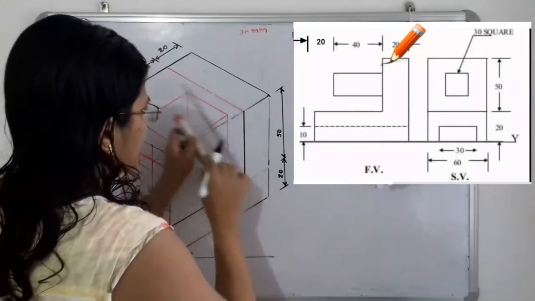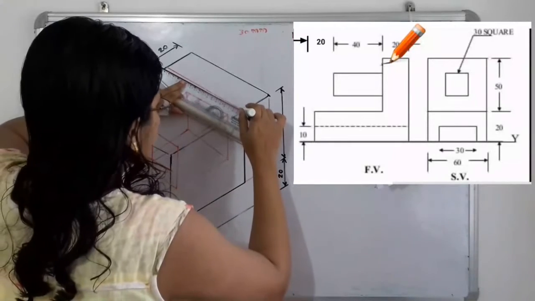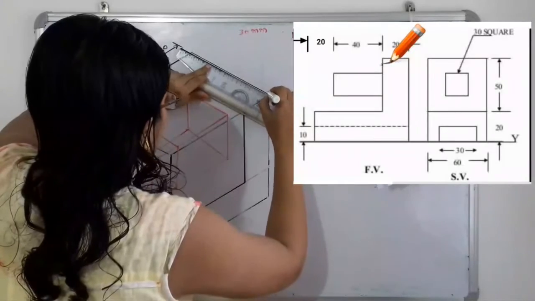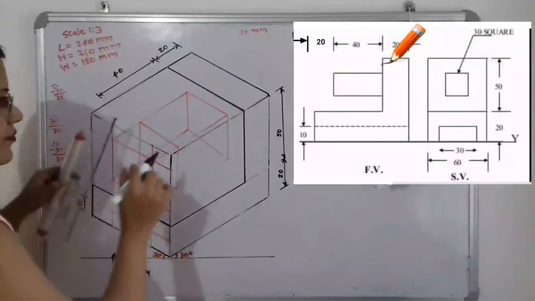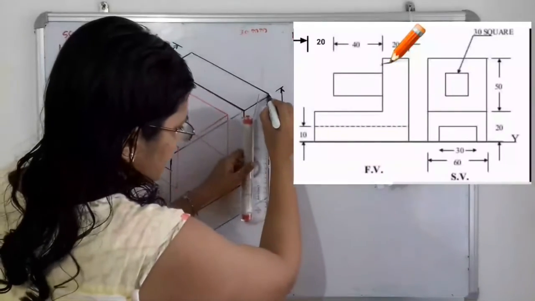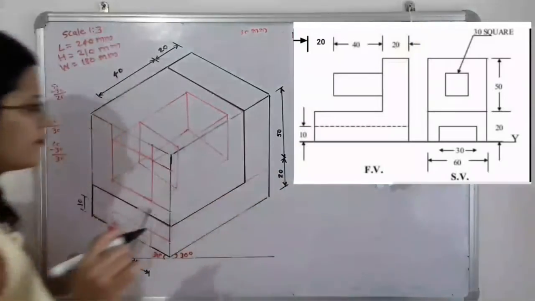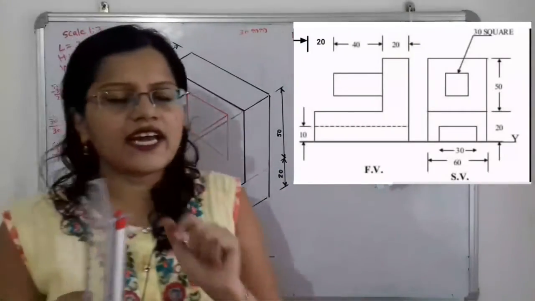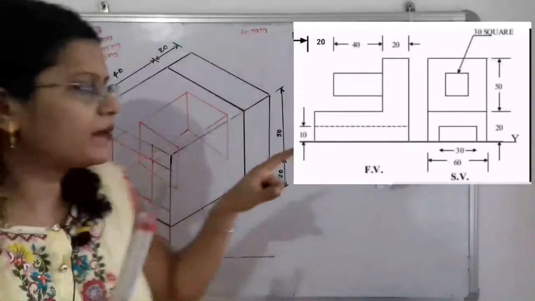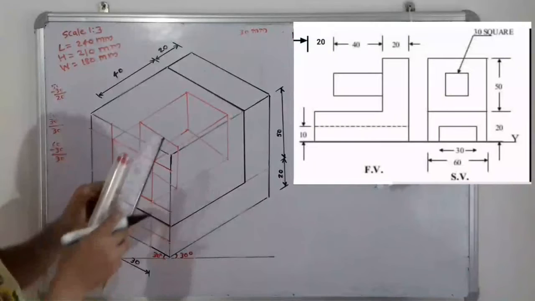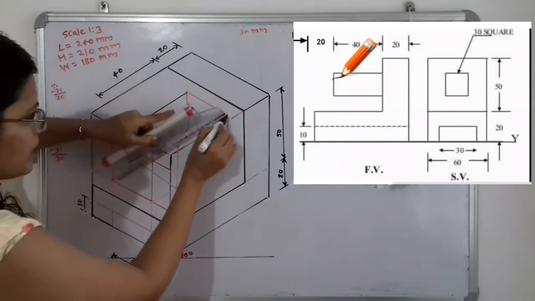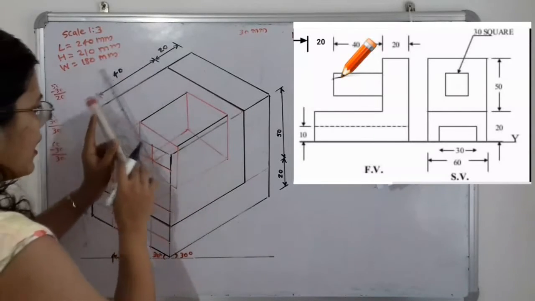So we have to highlight this. Now if we observe, there is the extension of that square. So this extension is up to 40 millimeter, and here is the start at base. So now we have to just highlight where is that extension. So up to that extension only we have to highlight.